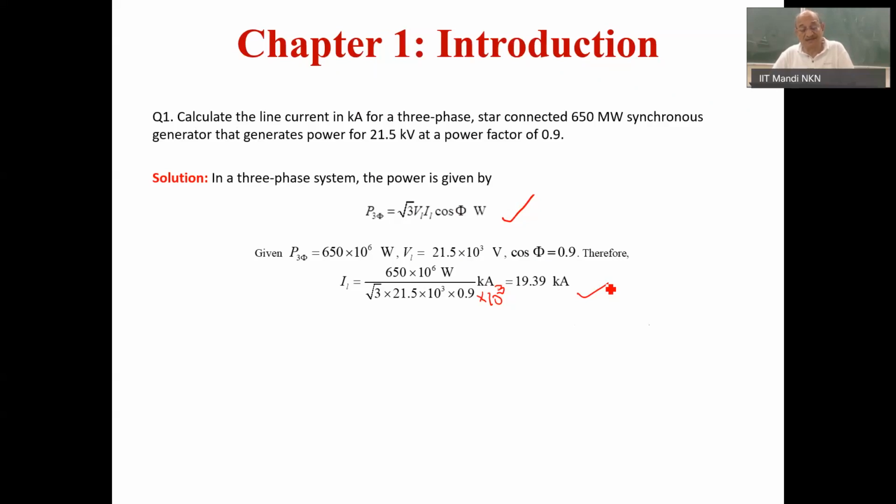When such a large current flows in the winding, what will happen? The biggest problem would arise with I square R losses. And I is so high, 19.39 kiloamperes.